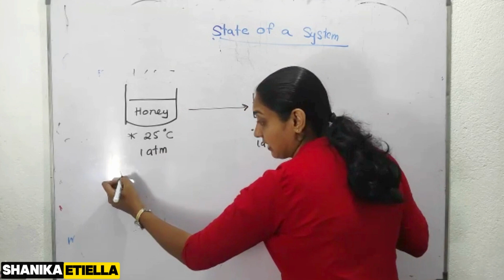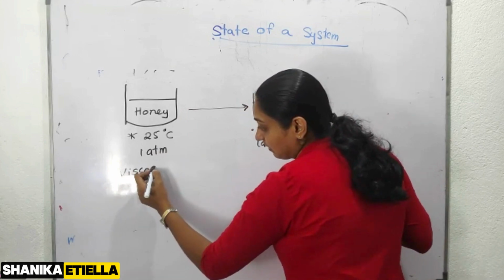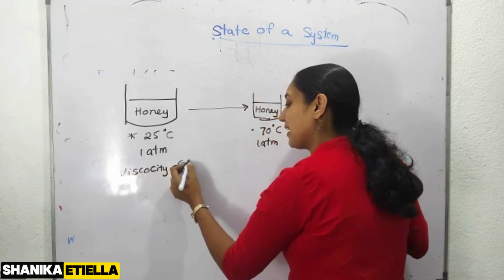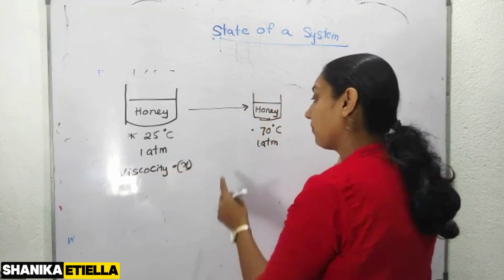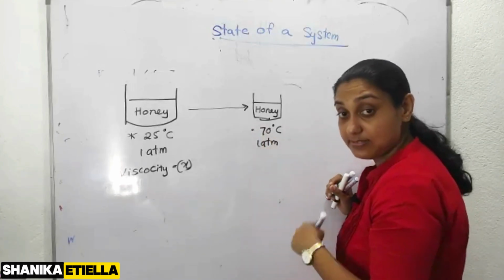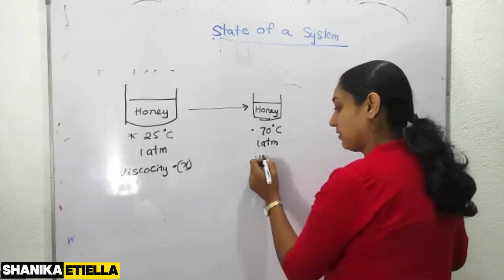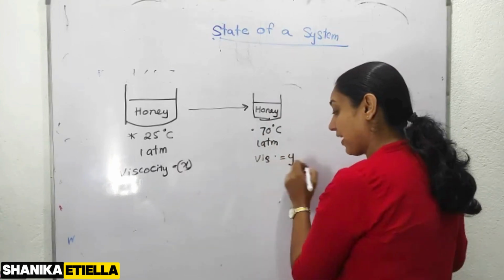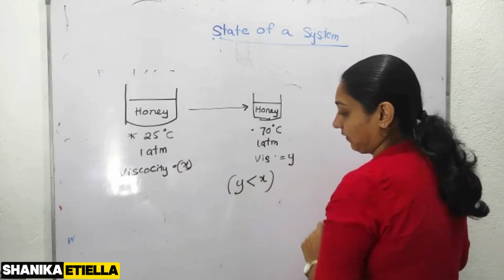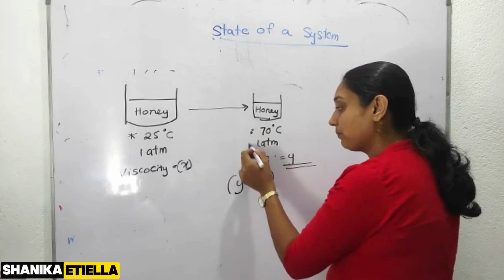Here the viscosity has a value, let's say X. Once the temperature increases to 70 Celsius, the viscosity decreases, so it is less than X. And we know this particular value if we know the temperature and pressure.